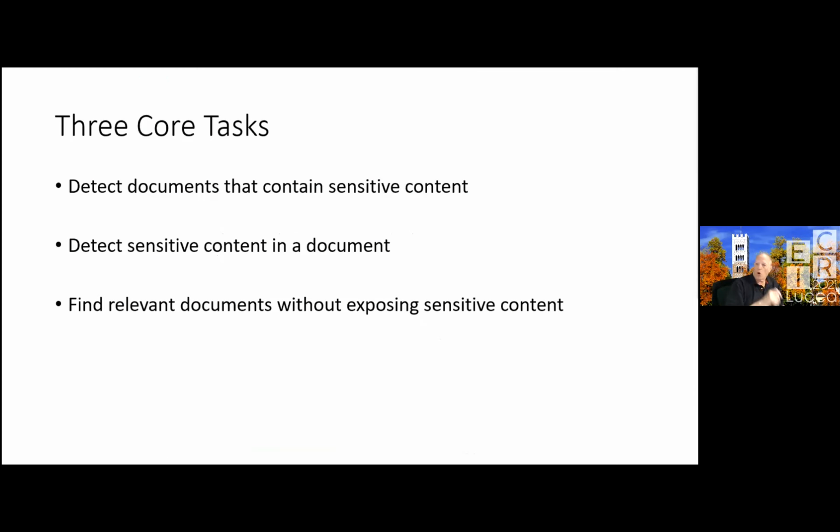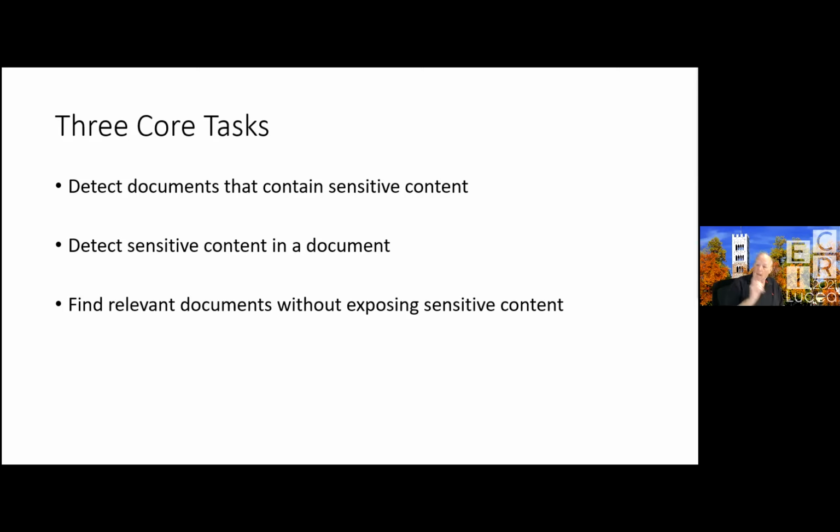So we have 3 core tasks. This is the last slide in this background section. These are the 3 things we're going to talk about today. One is we want to detect documents that contain sensitive content. And having detected the documents that contain sensitive content, then what we want to do is detect the sensitive content inside those documents.